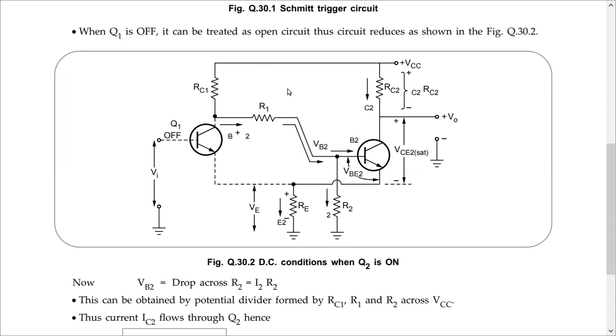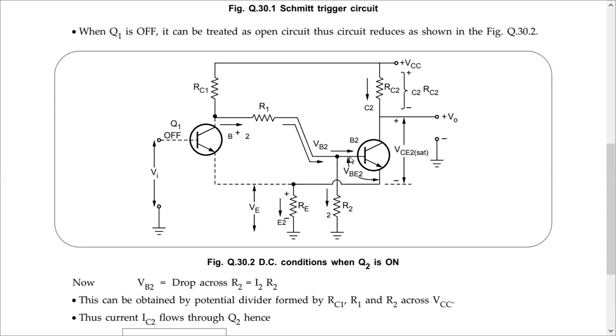It says you can replace a part of a network with its Thevenin's equivalent voltage in series with a Thevenin's resistance. So we will find the equivalent Thevenin's voltage at the base of transistor Q2, and the equivalent resistance appearing at the base of transistor Q2. We are going to find that.